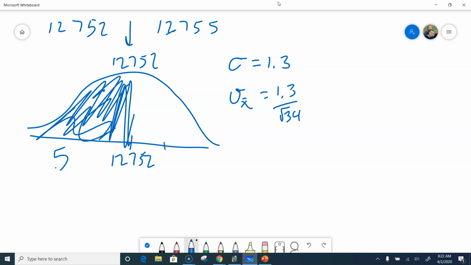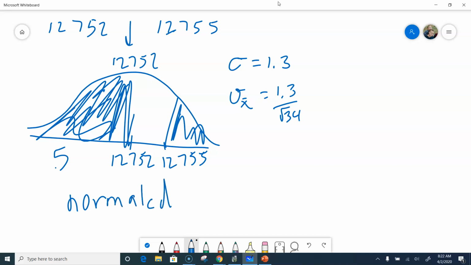And now the 12,755, that's going to be up here. We're going to go back to normal CDF, which we left off in the last chapter, or our last test. 12,755 is my lower limit. Then pick something really big as your upper limit, like let's say 100,000. We don't even need to make something that big, but I'll put it in there.